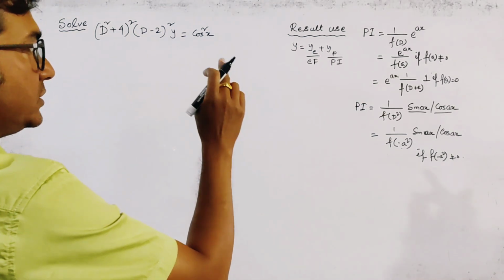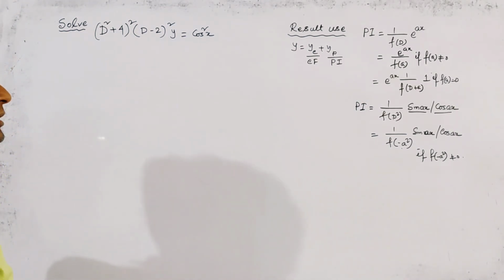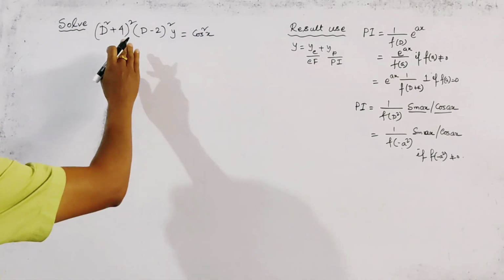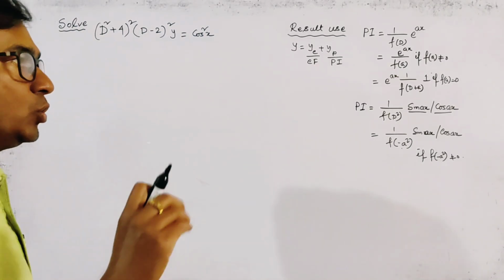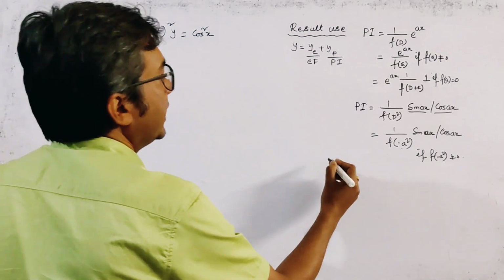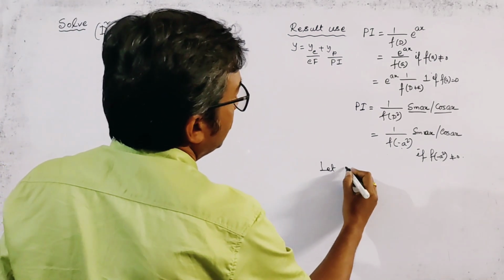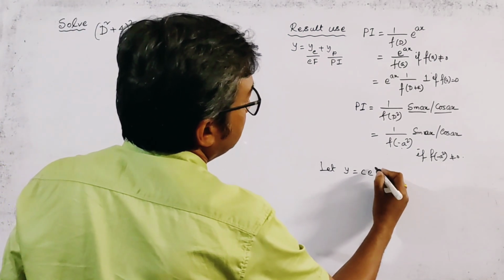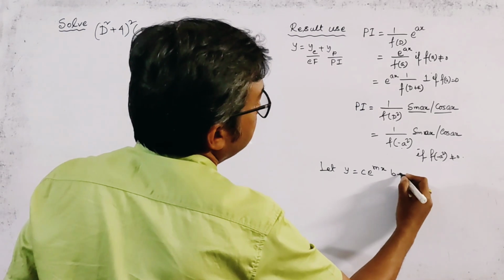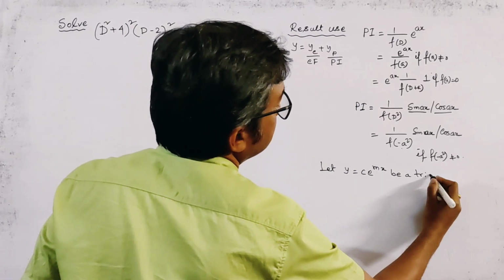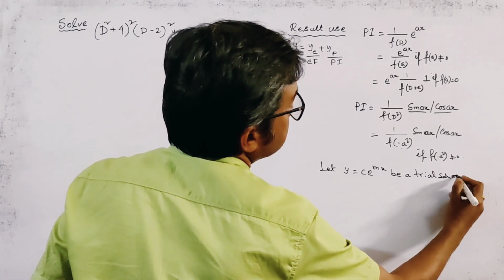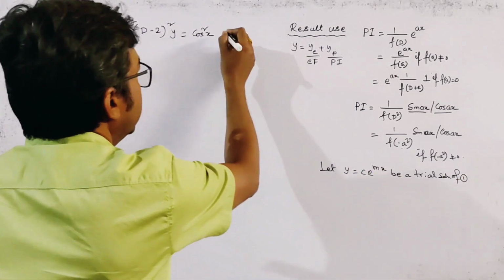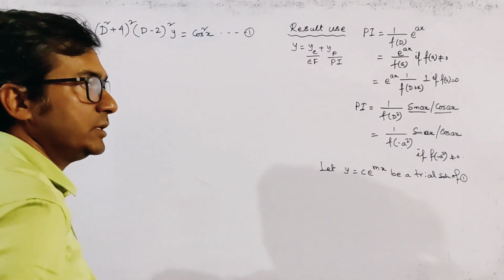To find the complementary function, that is to solve the homogeneous part, we first let y equal to c times e to the power mx be a trial solution of 1. Let this be 1.